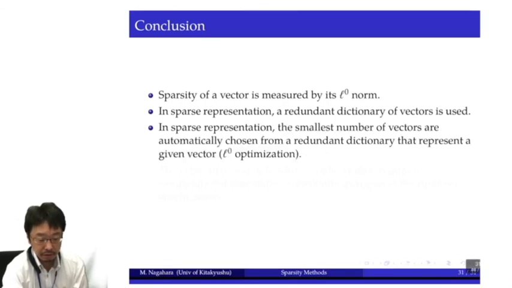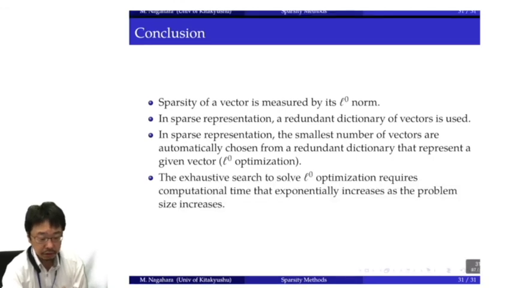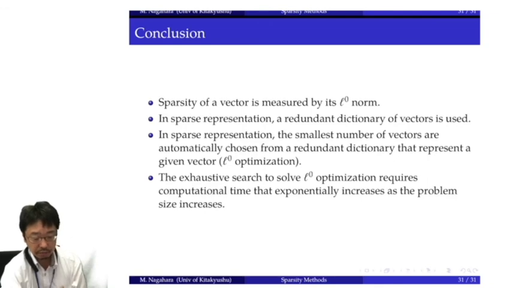In sparse representation, the smallest number of vectors are automatically chosen from a redundant dictionary that represent a given vector. This is called L0 optimization. The exhaustive search to solve L0 optimization requires computational time that exponentially increases as the problem size increases.